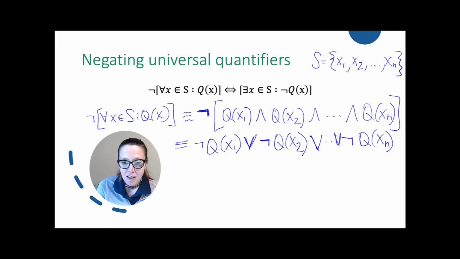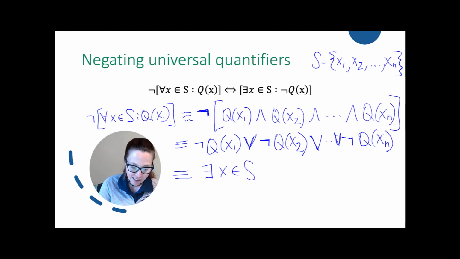But now what I see is that I've got the equivalent of there exists an x in our set S such that we have the negative of our predicate q of x.